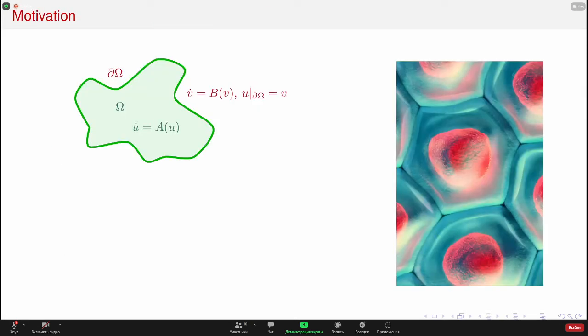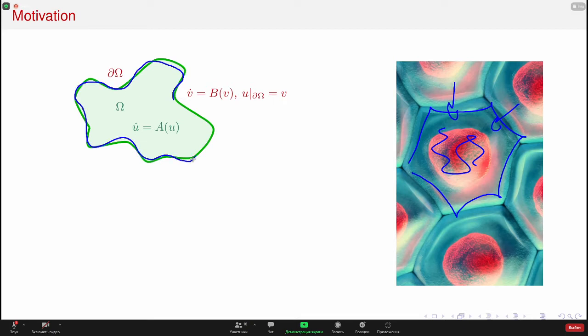As a motivation, let me show you a tissue with some cells inside. We all know that some processes are going on inside the cell and also outside of the cell, and they interact somehow. So this is now a model of this cell. This is a domain omega, and inside of this omega we have some kind of differential equation.